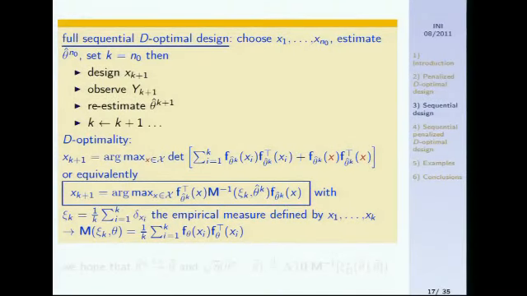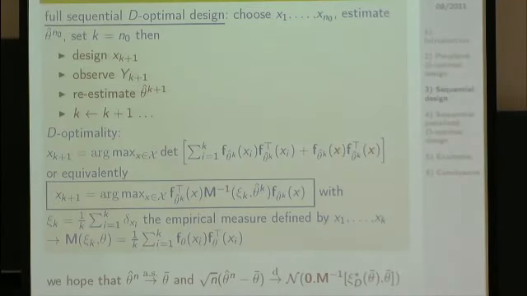So the independence is lost, and because you lose independence, it's difficult to show that the estimator is consistent, and even more difficult to show asymptotic normality, because this matrix here is a random matrix. It's not the information matrix, because each point here, xi, is random, because it depends on the estimated value.